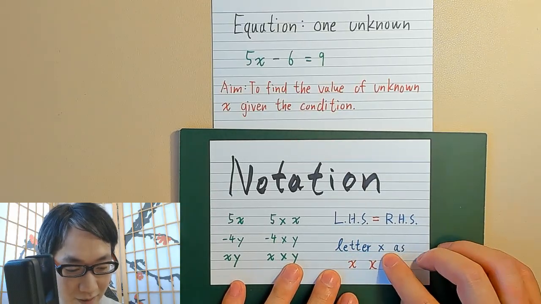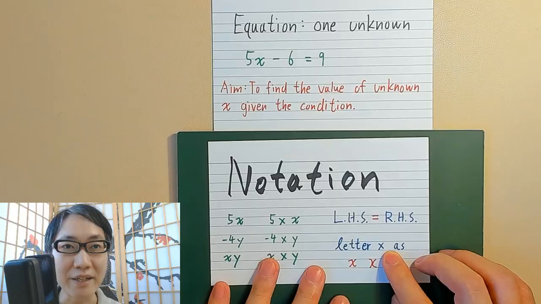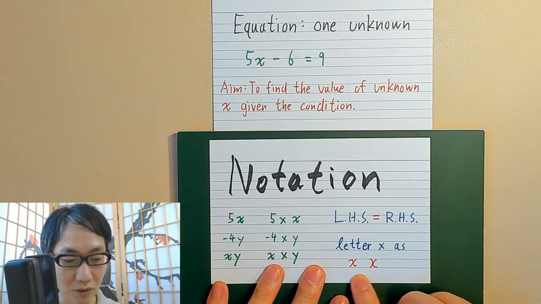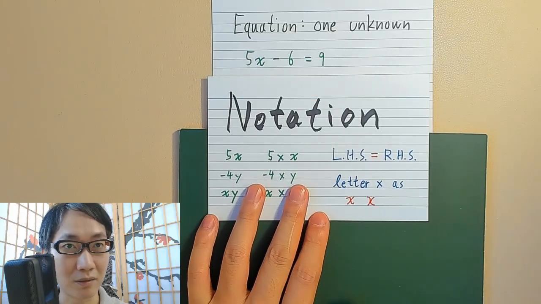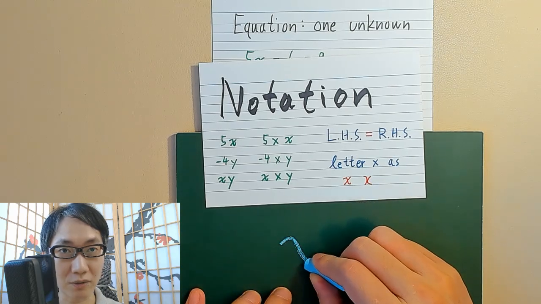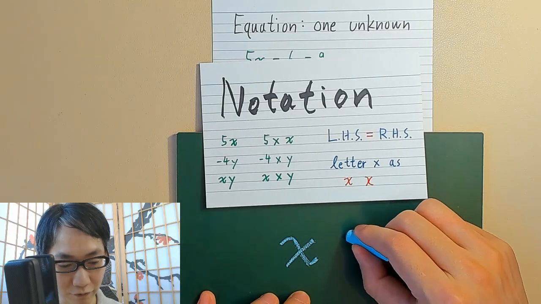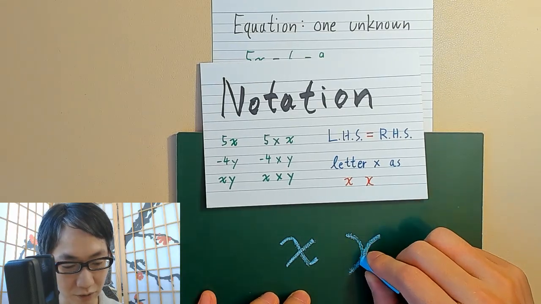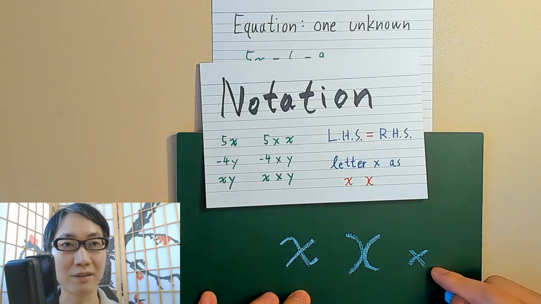The letter x closely resembles the multiplication symbol, so we write it in another way, like this: first stroke, second stroke, or first stroke, second stroke. But we never write x like this, because that is multiplication.